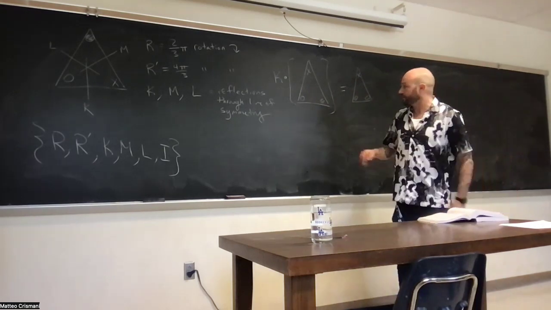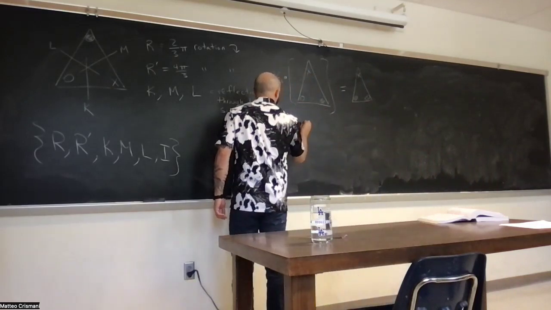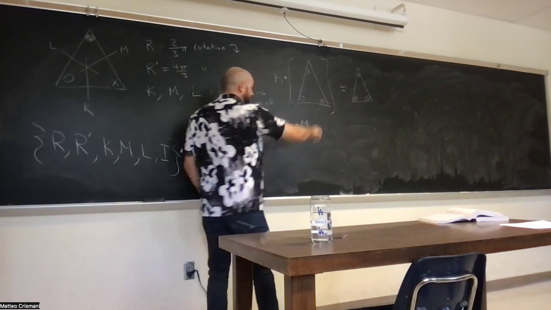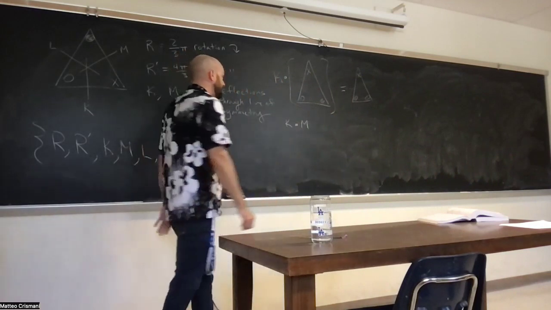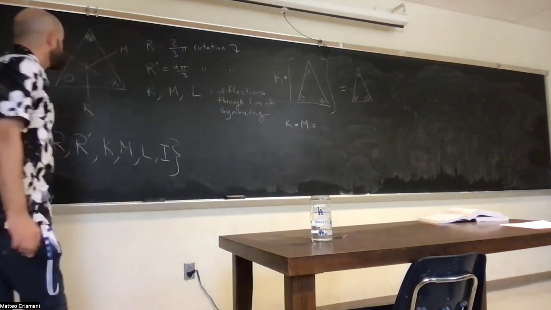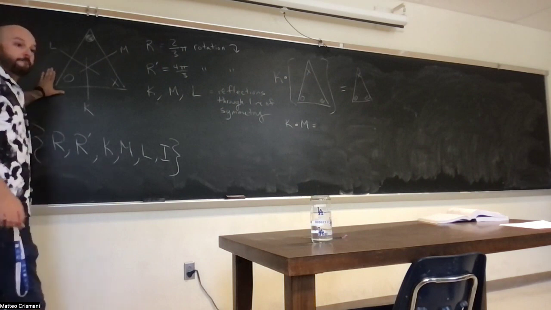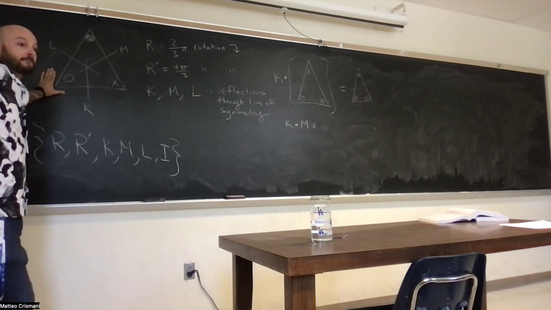So let's say we showed that K circle M gives you this. And that is equivalent to what? The identity times K. This is our original state, right? That would be a rotation, R. Is it?